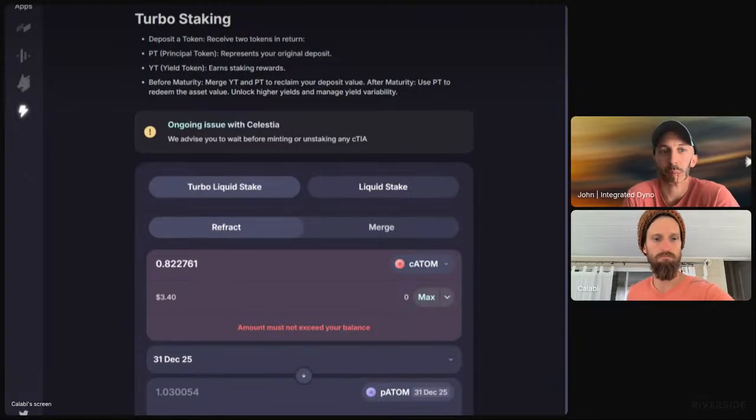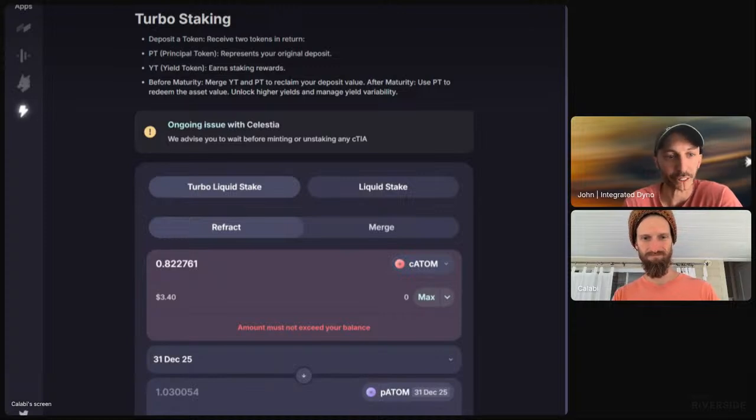Is it better to just mint, for example, D atom by drop, or go and buy D atom off the market? Usually there's some kind of a discount for swapping into the liquid stake token, which is exactly what we're seeing here, a 3% discount for buying C atom off the market.